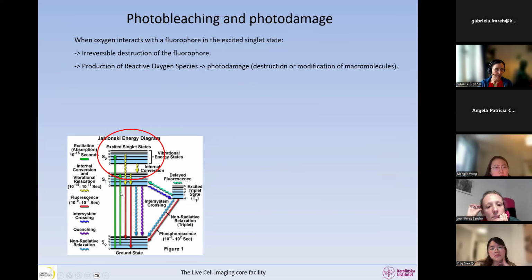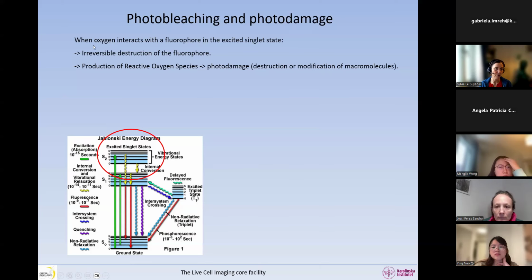Something else can happen when the fluorophore is up there in the excited state. It is photobleaching and photodamage. When the fluorophores are in the excited state, if they interact with oxygen, there is an irreversible destruction of the fluorophore.